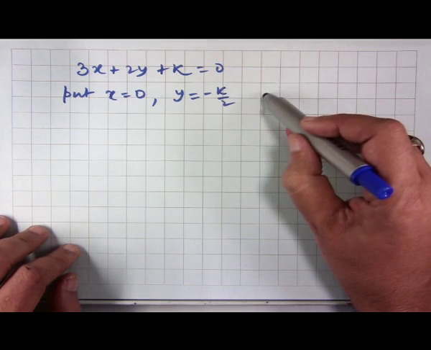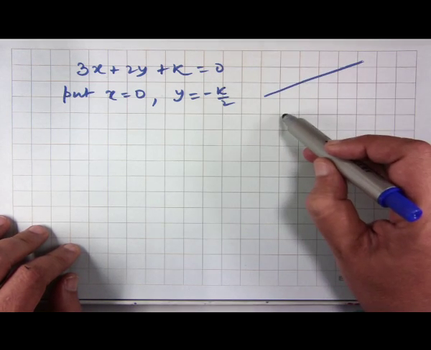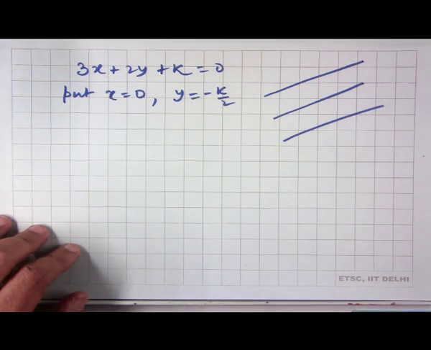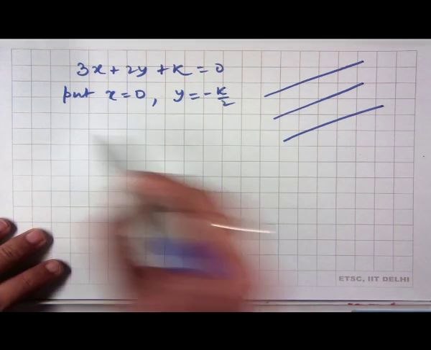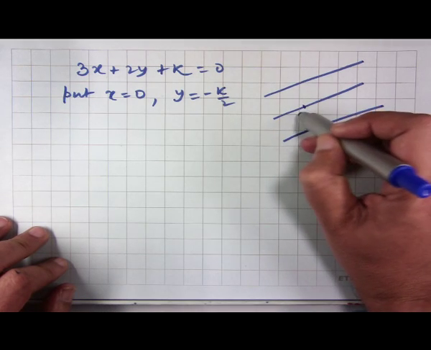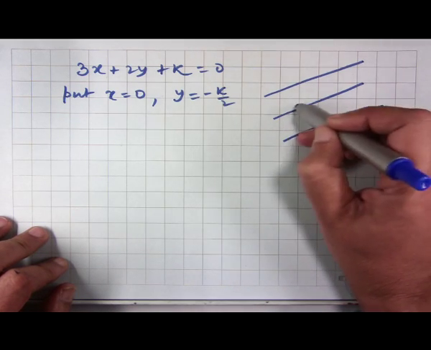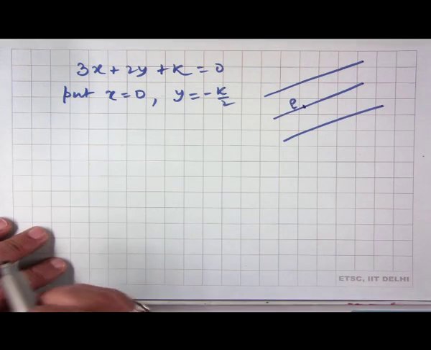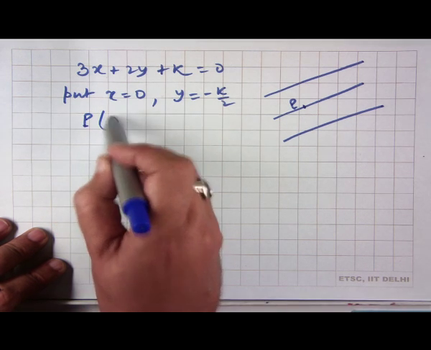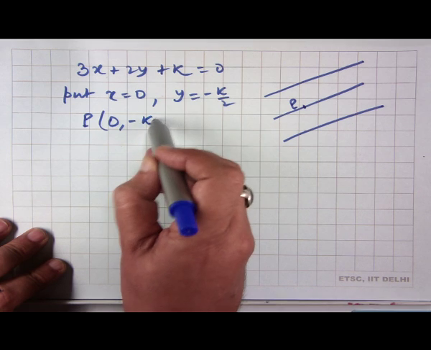Say this point is P. The coordinates of this point P are 0, minus k by 2.